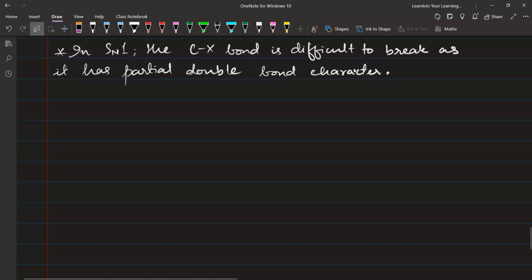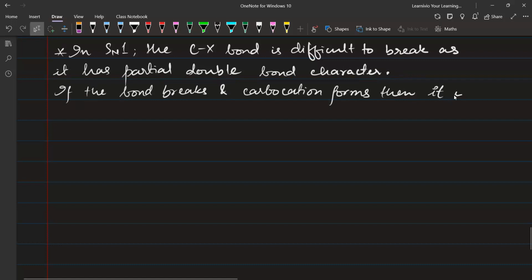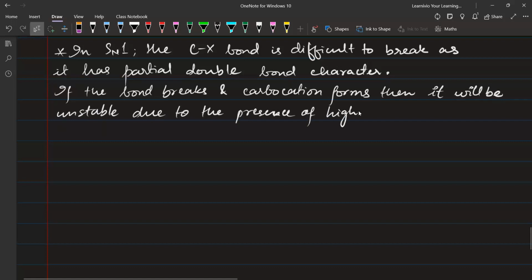Now, if the bond breaks and carbocation forms, then it will be unstable due to the presence of highly electronegative sp2 carbon.